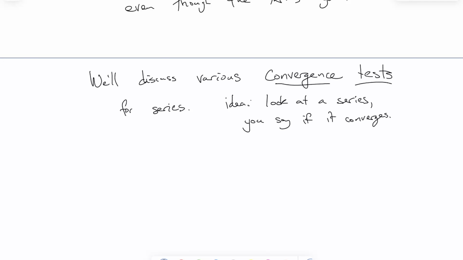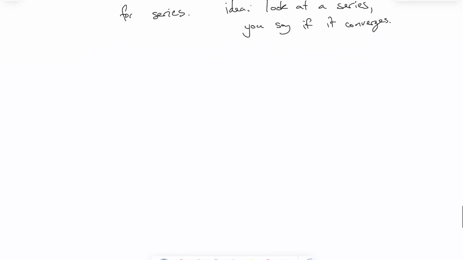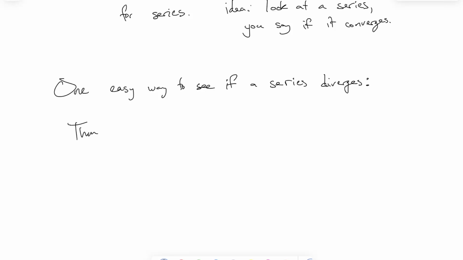And our simplest test. One fairly easy way to see if a series diverges is so simple, or well known, that it doesn't really have a name. The various convergence tests have names. But one easy way to see if a series diverges is, I'm going to write this as a theorem. Actually, I'm going to write it the other way around, about converging.